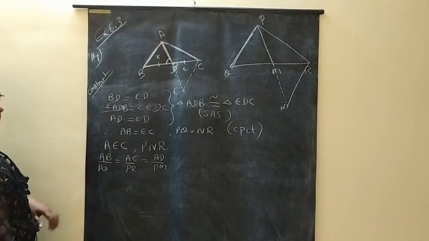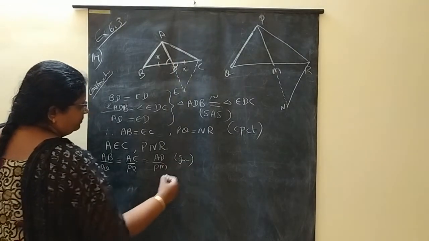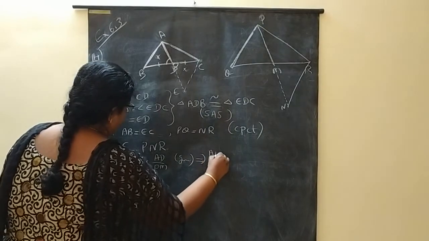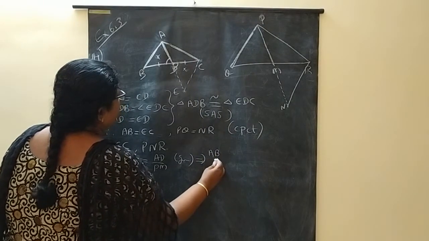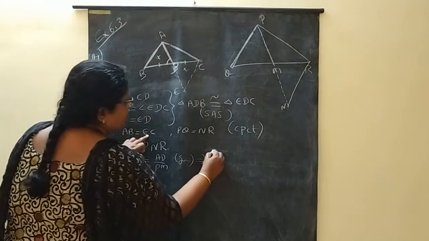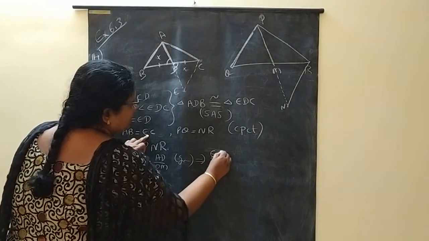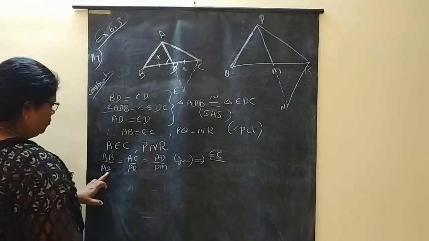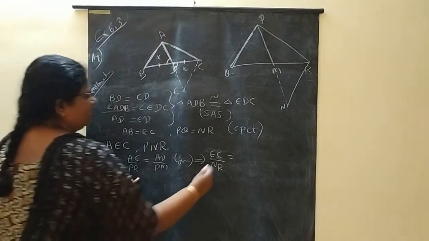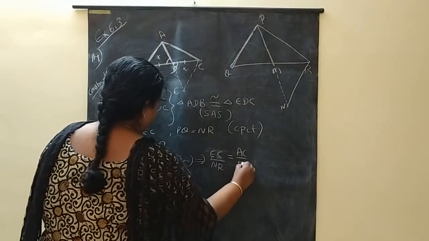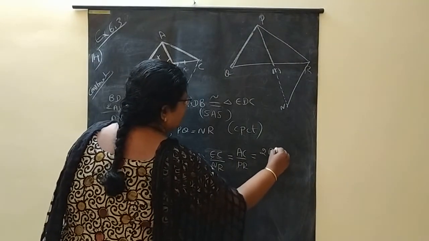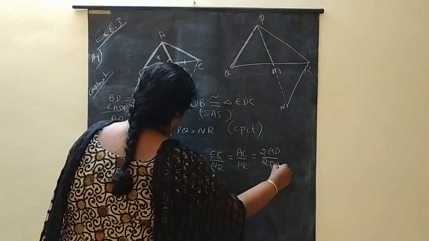So from here we can write AB is equal to EC, so there I am writing EC by NR, PQ is equal to NR, is equal to AC by PR is equal to, in place of AD I am writing 2AD by 2PM.